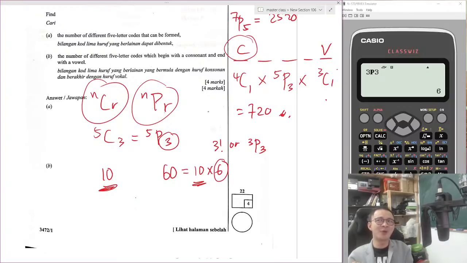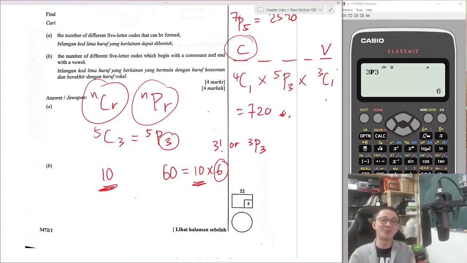You will ask me, sir, why didn't you arrange the one consonant or one vowel? There's no necessity for me to arrange, because it's only one item. You get the idea?